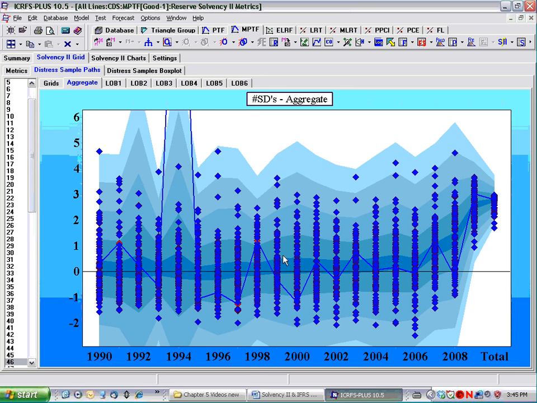So it's skewed, but most of the distress is being driven by the observations in the last few accident years. And occasionally, of course, you had that huge number in 1994. You do have some large numbers in other accident years, but by and large, in most of the distress samples, it's actually coming from the more recent years.